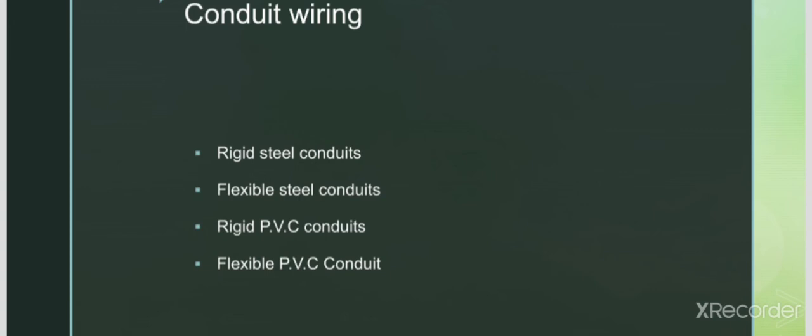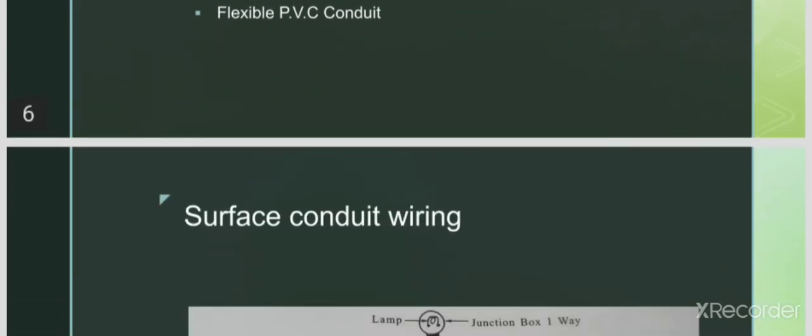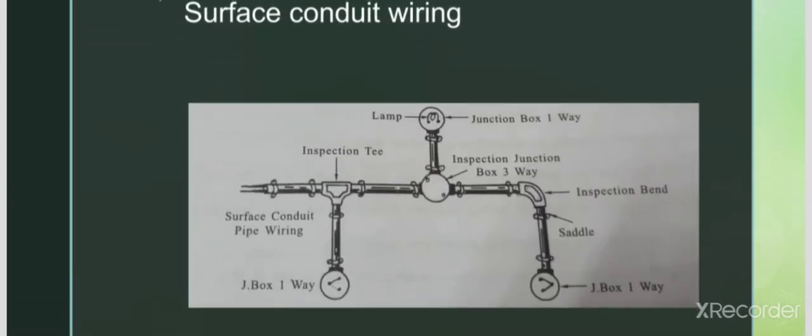Next, conduit wiring is classified into four types: rigid steel conduit, flexible steel conduit, rigid PVC conduit, and flexible PVC conduit. The main classification of conduit wiring is two types: surface conduit wiring and concealed conduit wiring.